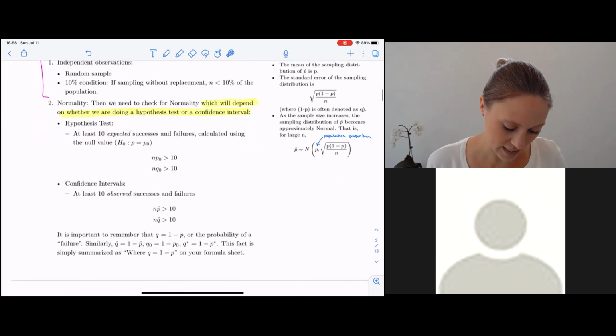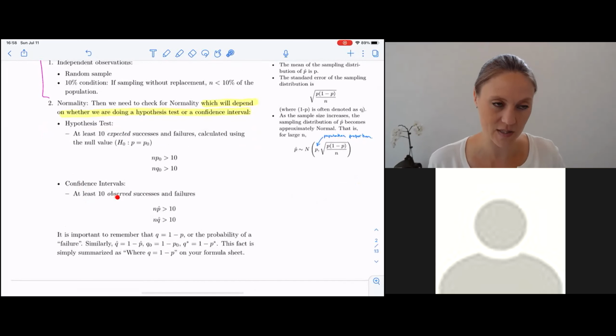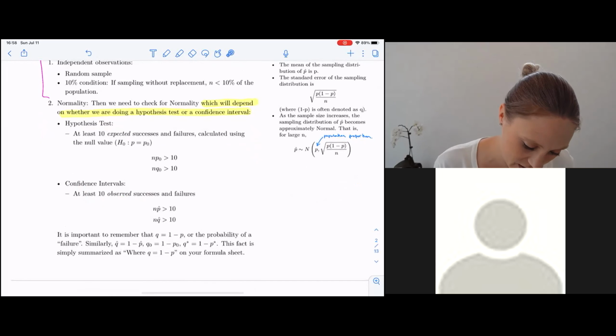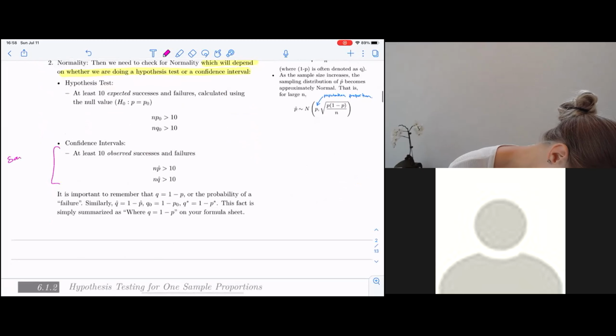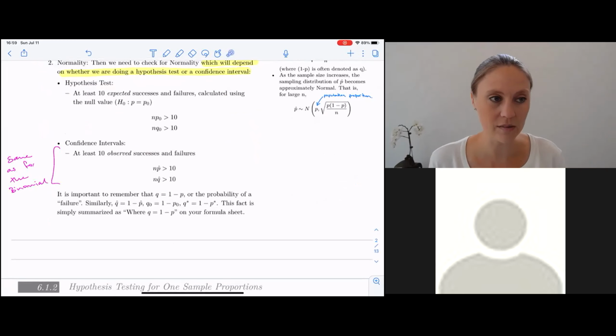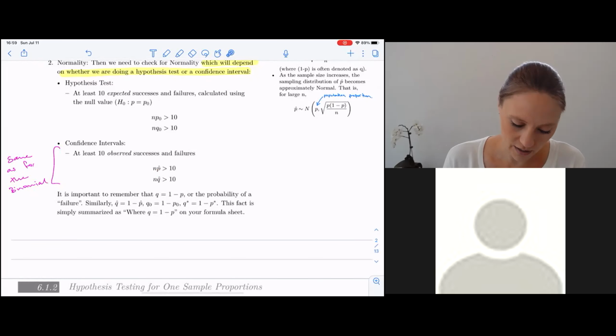Okay. Whereas for confidence intervals, you need at least 10 observed successes. And this is the same as for the binomial. Right, so we've seen this before where we need at least 10 observed successes and failures. And how do we find that? You could use n times p hat if you're given p hat, right?